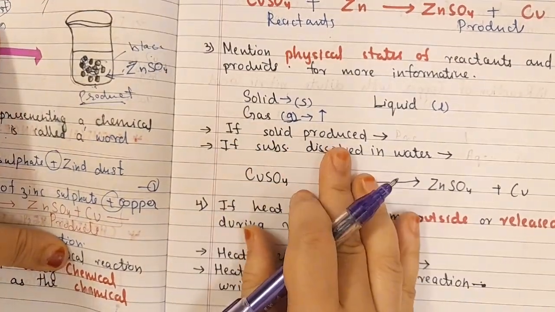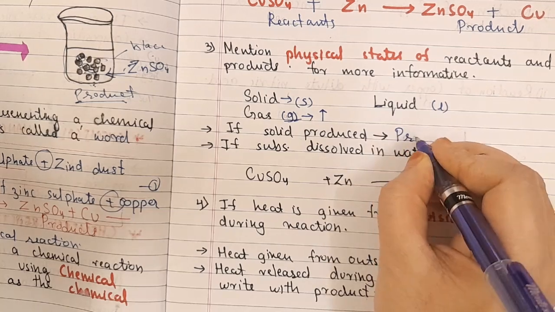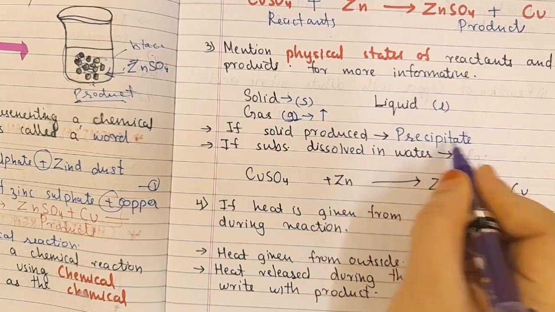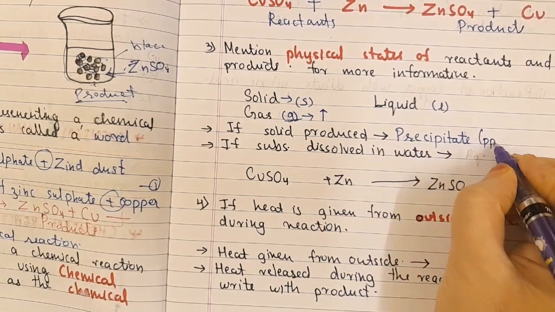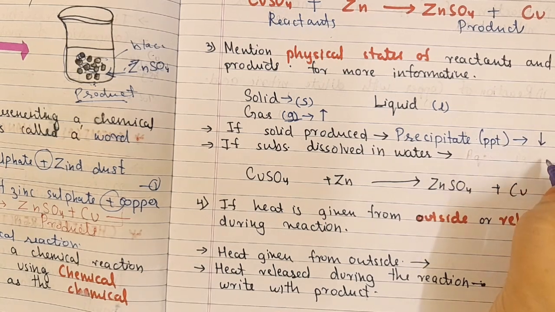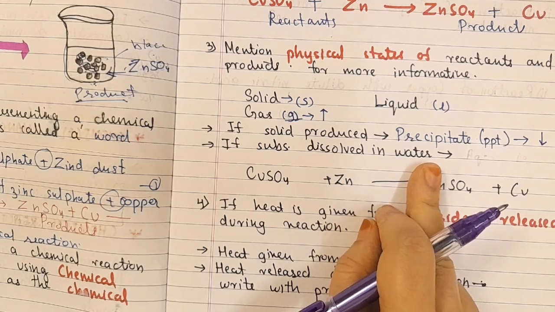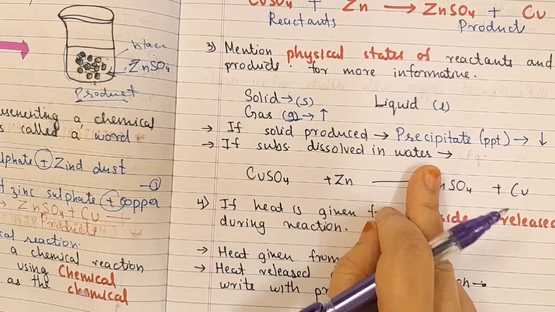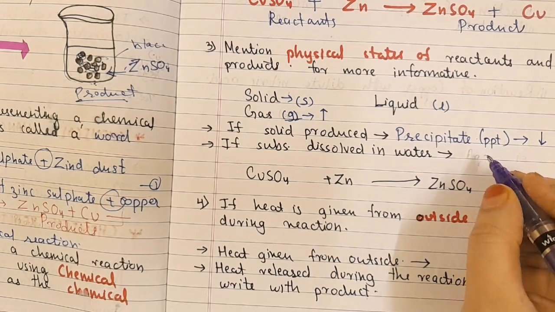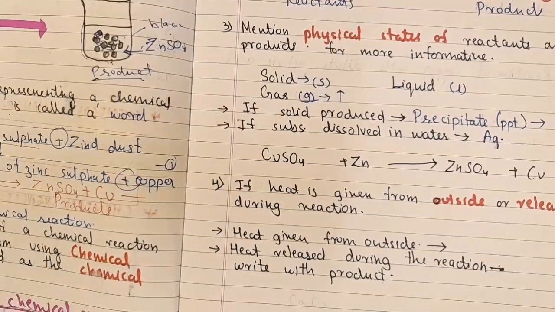But if a solid is produced in the product, that means it is in precipitate form, and to show the precipitate we write ppt, or we can show an arrow in the downward direction. And if a substance dissolves in water, like we have seen the aqueous solution of copper sulfate and aqueous solution of zinc sulfate, to show that it is dissolved in water we will write aq, that means aqueous.